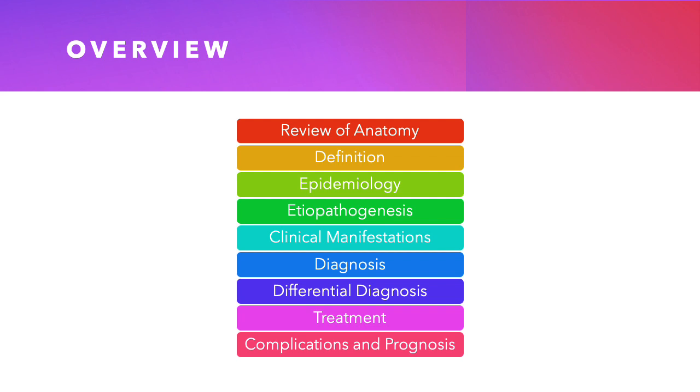Then we will define what croup is. We will look at its epidemiology, etiopathogenesis, clinical manifestations, diagnosis. We will see the differential diagnosis of croup, then how to manage a case of croup, and its complications and prognosis.